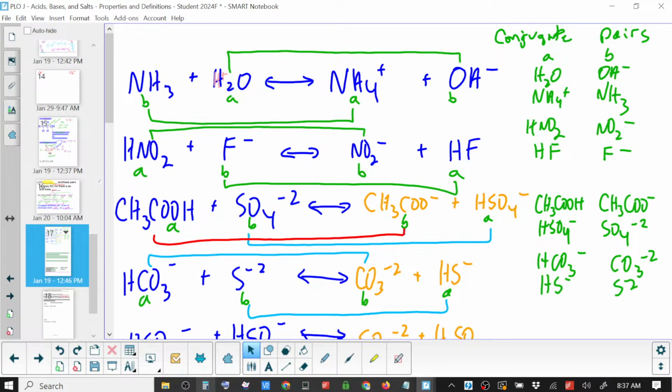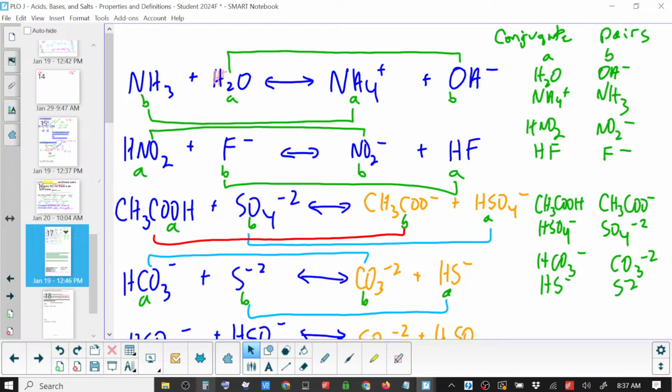So ammonia, household cleaner, is definitely basic, it's a proton acceptor. It never donates protons. So what we're doing each time is that the hydrogen is here, and water is going to act as an acid to this base.